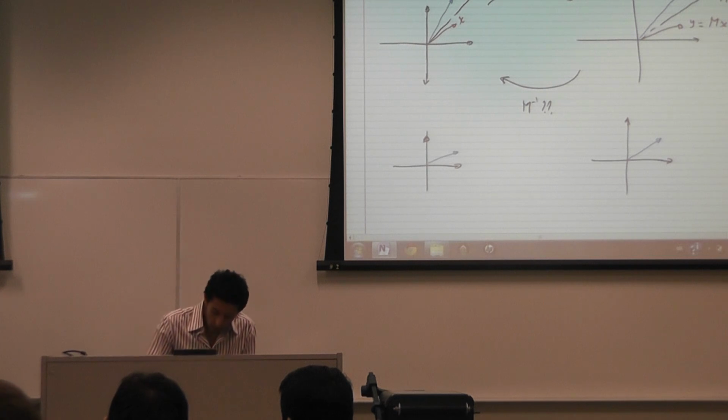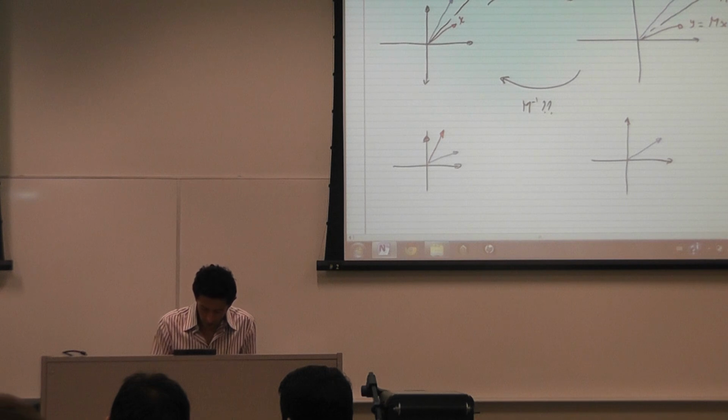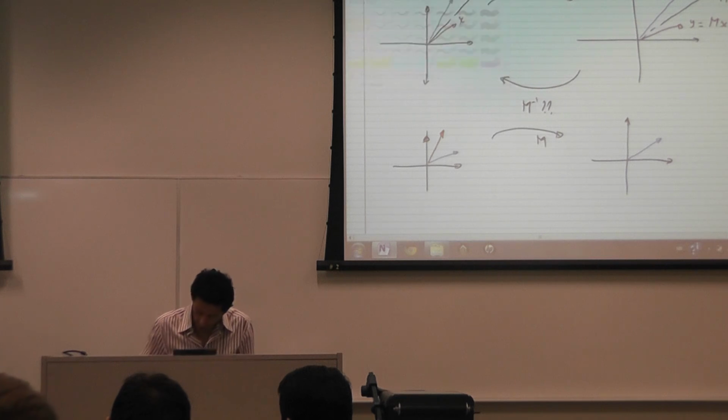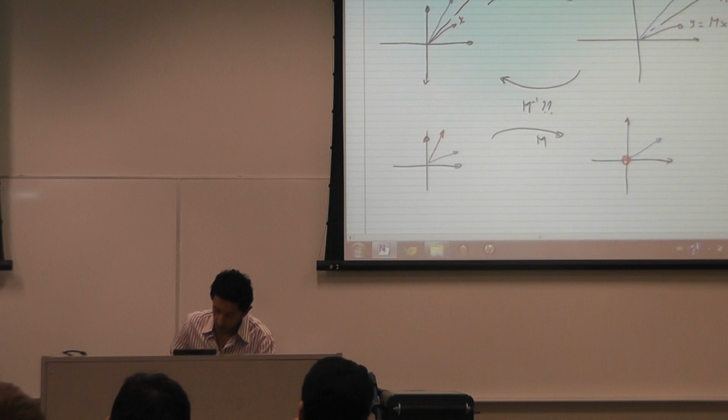The kernel of the matrix are the vectors that when I apply M to them, they go into the zero vector. So the kernel of the matrix M, I'm just going to write the definition.